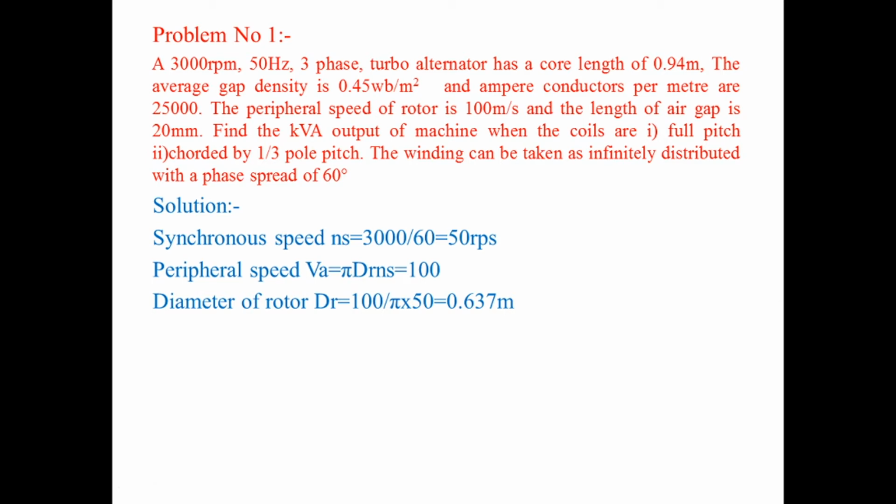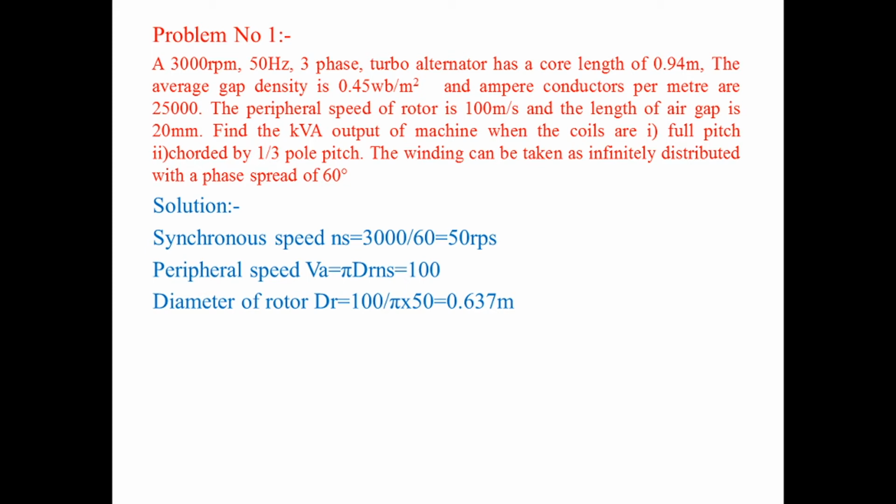The diameter of the rotor is given as dr, and the stator bore diameter is capital D. Peripheral speed is always represented in terms of dr, so Va is equal to pi into dr into ns, because peripheral speed is with respect to the rotor speed at the periphery.